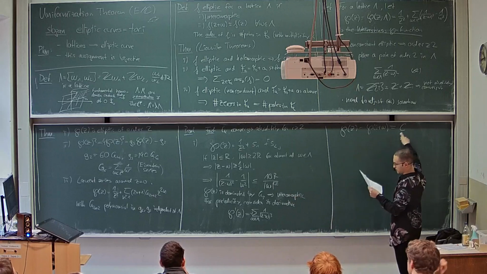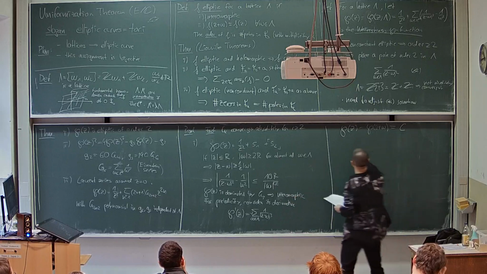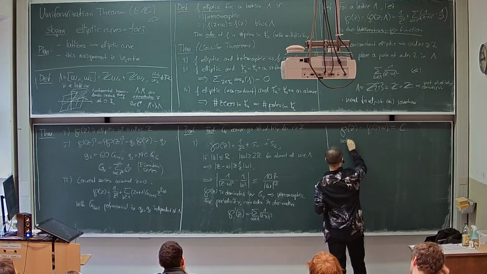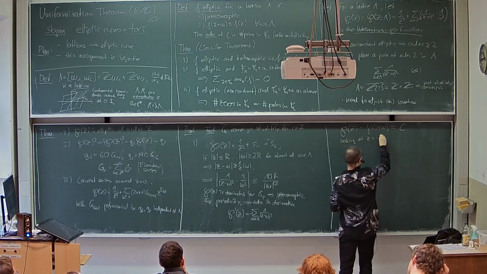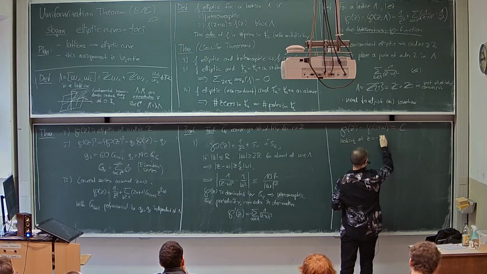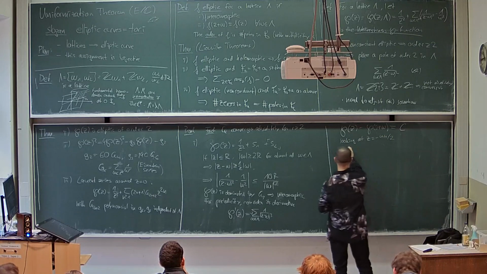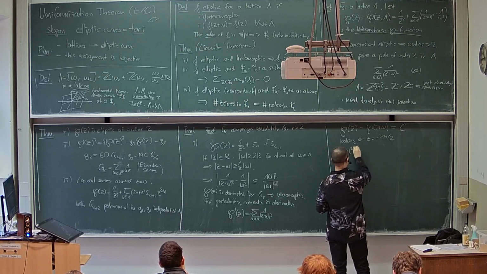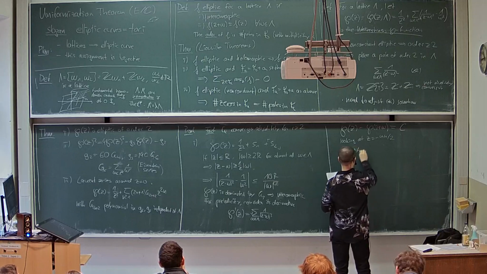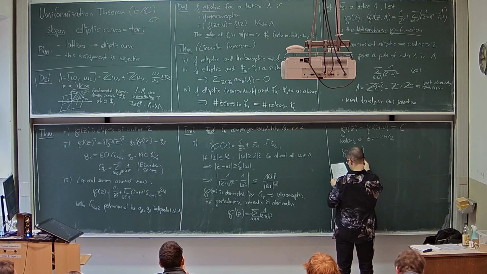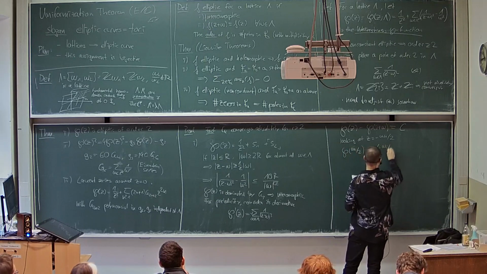So this has to be constant, and this constant is actually 0, because looking at z equal to, say, minus omega 1 over 2, you get that the value at omega 1 over 2 is the same as the value at minus omega 1 over 2.